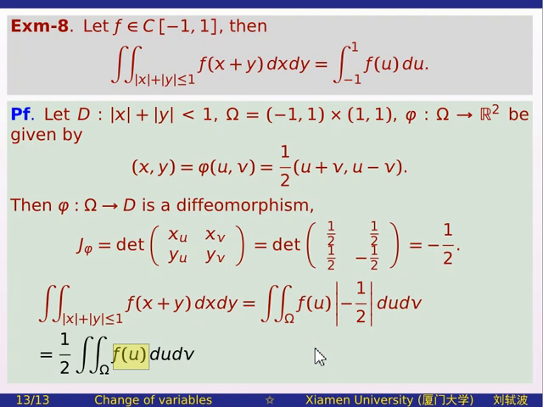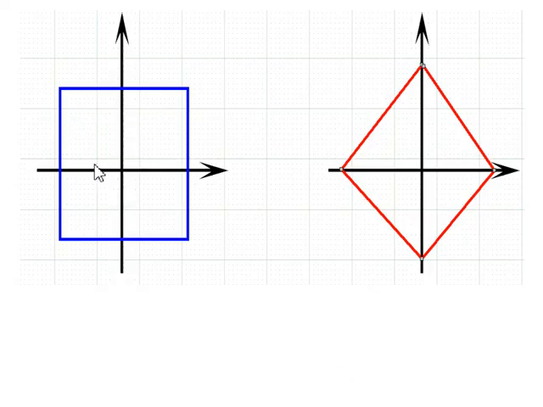So now the integral domain Omega is a very nice rectangle whose edges are parallel to the coordinate axes. So when applying the Fubini theorem, the lower and upper limits of the integral are constant.